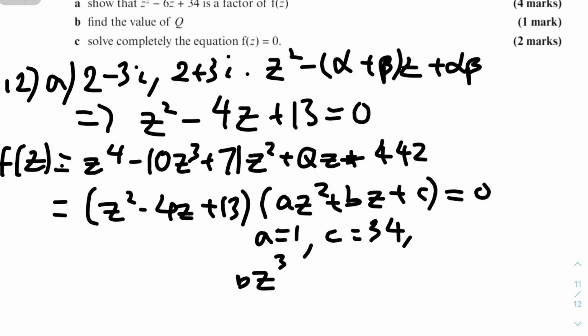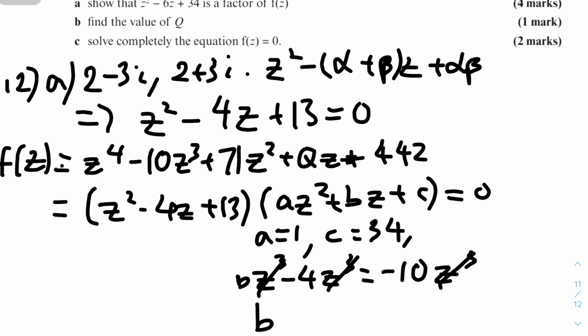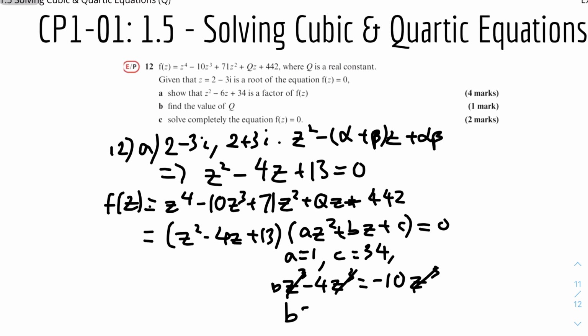That means it will just be minus 4z cubed. The original equation has minus 10z cubed. Therefore, it will be b minus 4 equals minus 10, and therefore b equals minus 6.